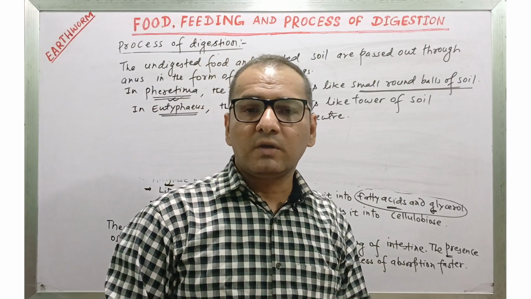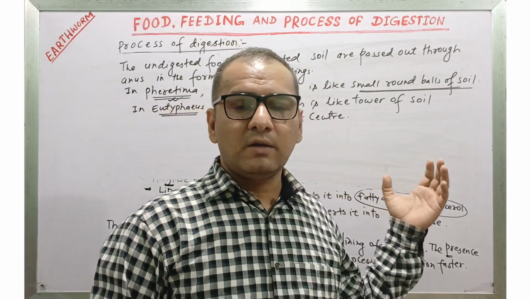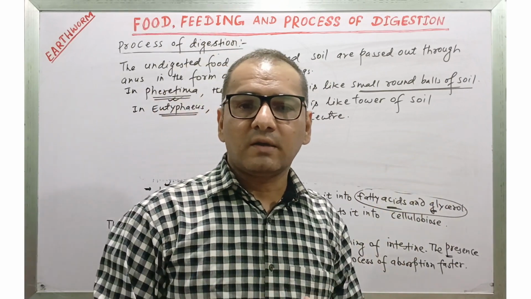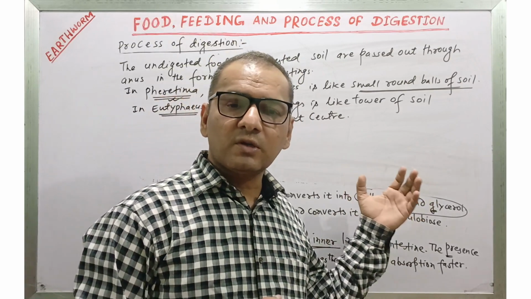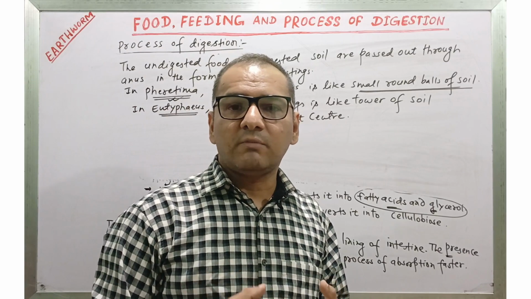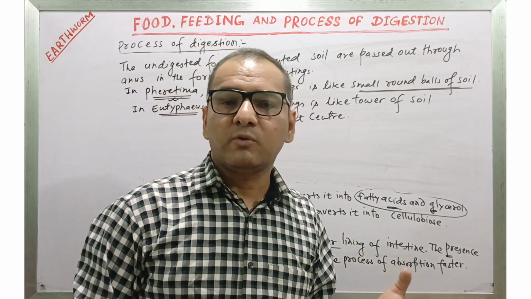In the pharynx, the food gets mixed with salivary secretion produced by the pharyngeal mass, and this secretion contains mucus and proteolytic enzyme. The mucus lubricates food while the proteolytic enzyme acts upon protein and converts it into peptones and proteases.